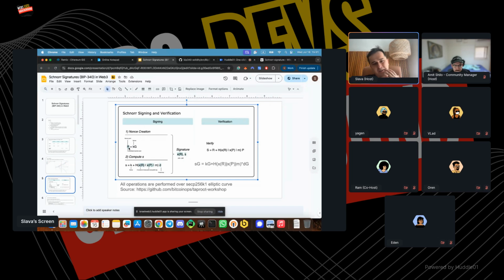It's kind of like a public key of the private key K, but it's actually a random nonce point, and K is the nonce. So we take the X coordinate of the nonce point R and concatenate it with S. As a result, we get 64 bytes, and this is the signature of message M. And message M is hidden in the hash function here.